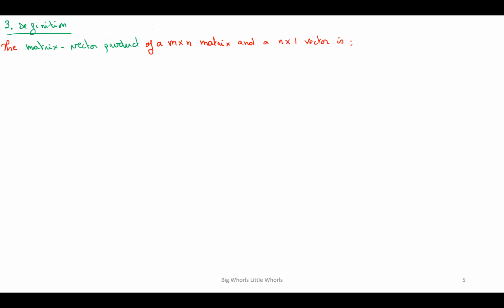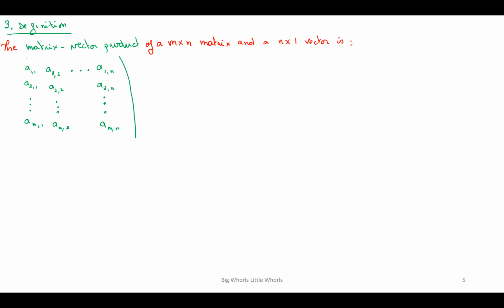So we have our matrix A1,1, A2,1, Am,1, A1,2, A2,2, Am,2, A1n, A2n, Amn.